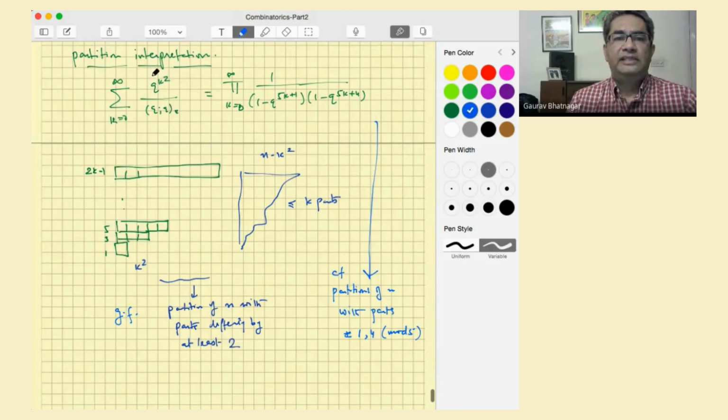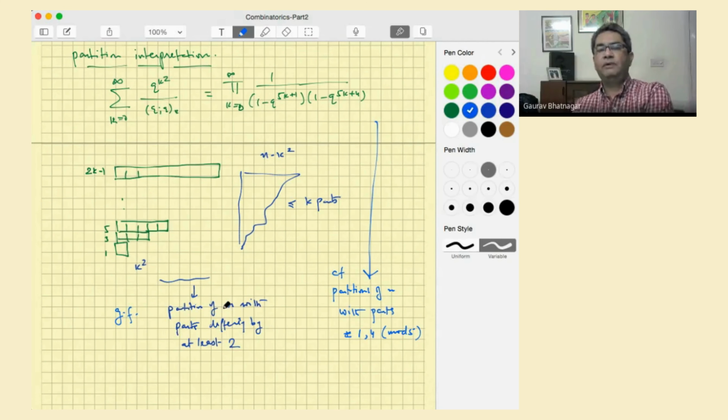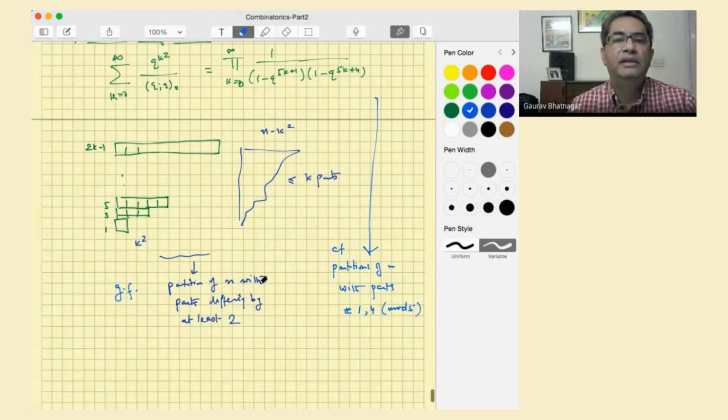So this part is made up of these two components, and if you take different k's and you expand in powers of n, you will get all the partitions of n with parts differing by at least 2, and this is with less than or equal to k parts, right?